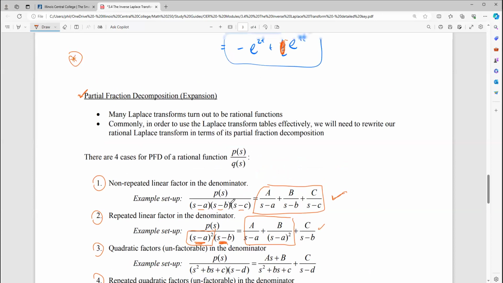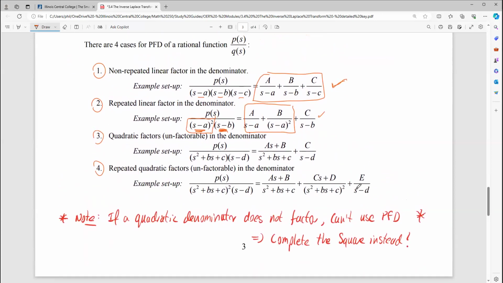There are also unfactorable quadratic factors possible in a denominator. So we can have things like this, s squared plus bs plus c, where this is not factorable any further. If you have a factor like this, the setup is to write it like this. So note the as plus b in the numerator.